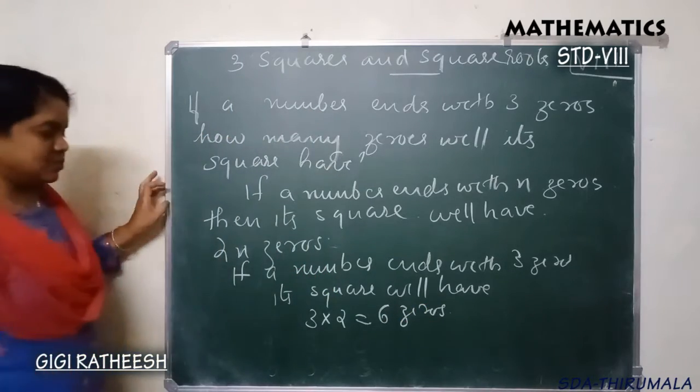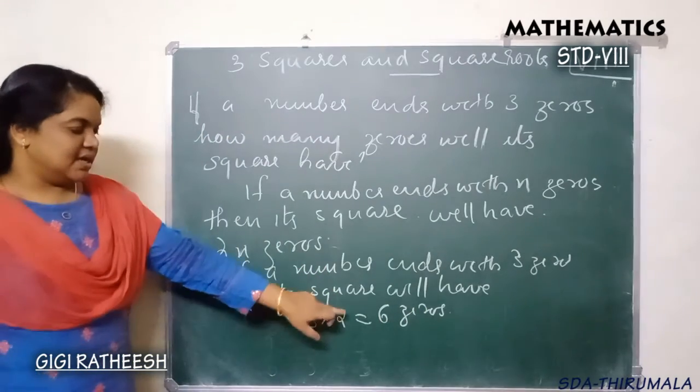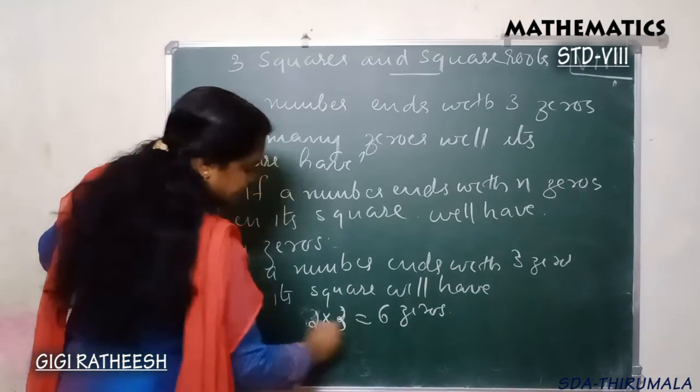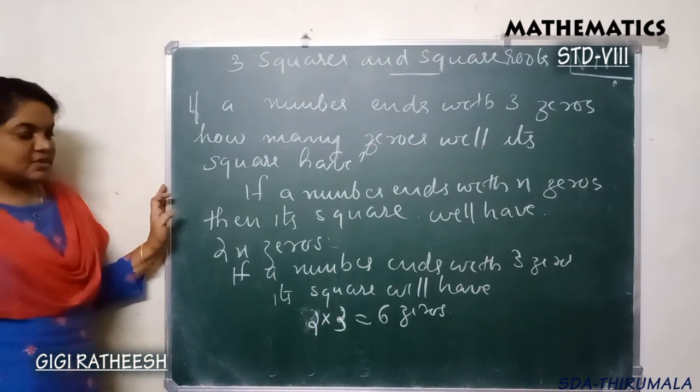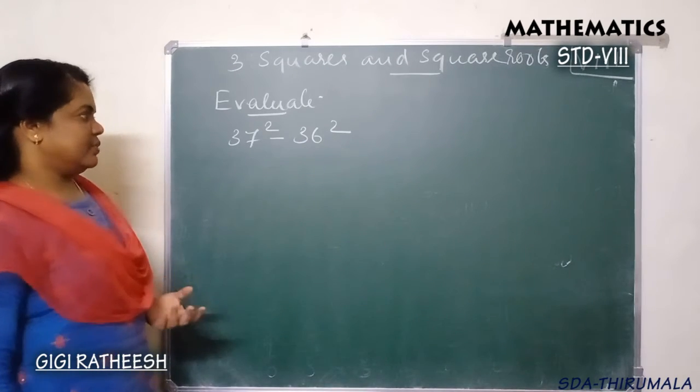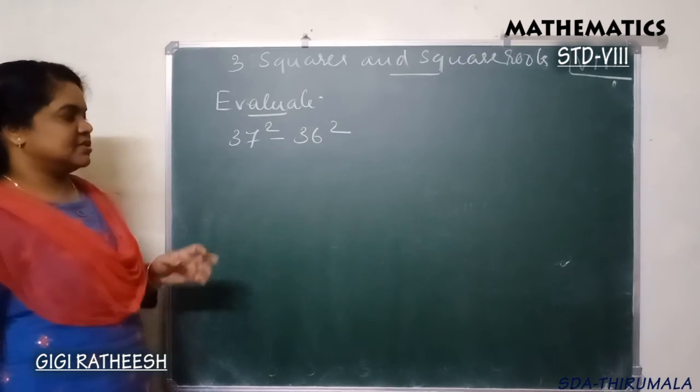Here 2n means n is equal to 3, so 2 into 3 is equal to 6 zeros. Next question: evaluate 37 square minus 36 square.